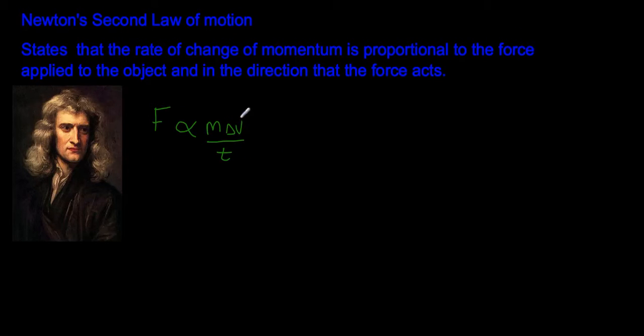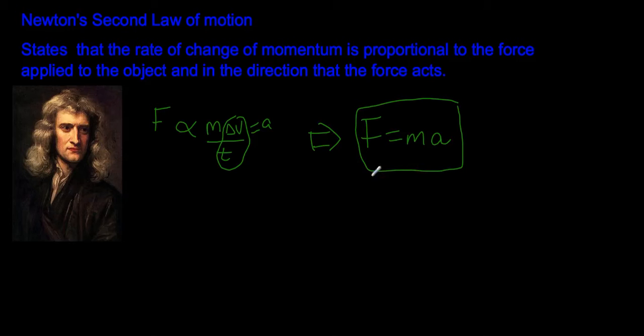Now we've changed that. We know that this change in velocity over time is really equal to the acceleration. So rather than putting it that way, we've redone this equation and made it simply F equals ma. That's the more modern way you're more likely to see Newton's second law stated, but it came from the idea that force is proportional to the rate of change of momentum.